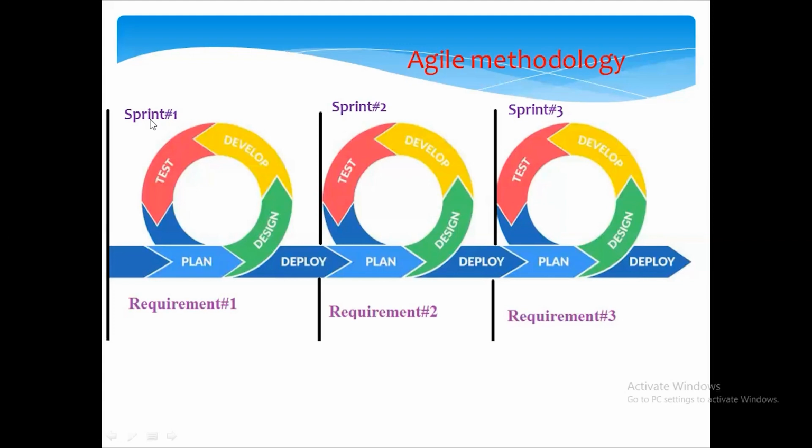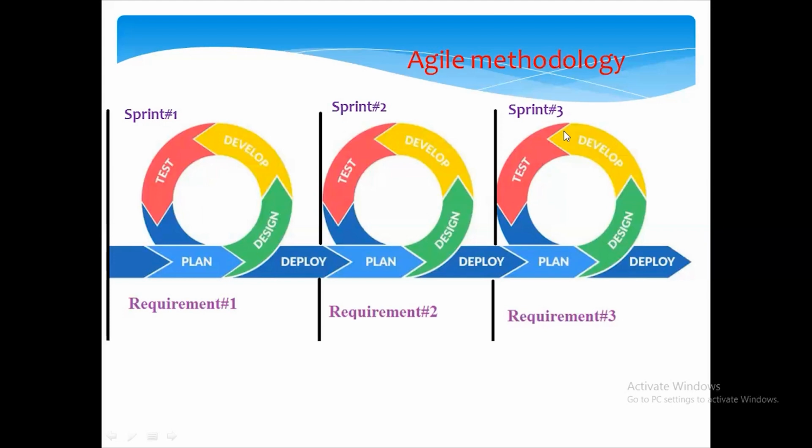For requirement number 1, I gave sprint number 1. Once requirement number 1 is ready, it moves to production, and then we get started with sprint number 2 and then sprint number 3. Likewise it will happen.